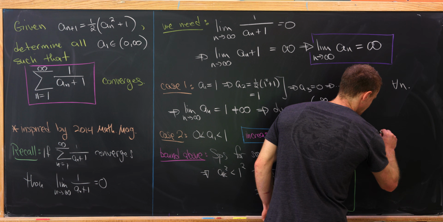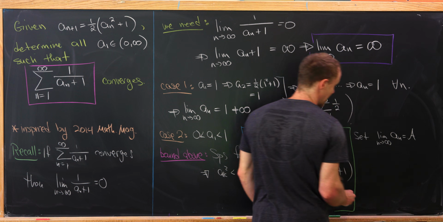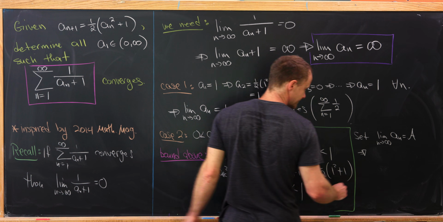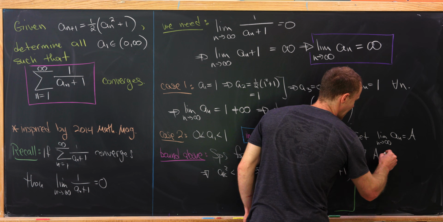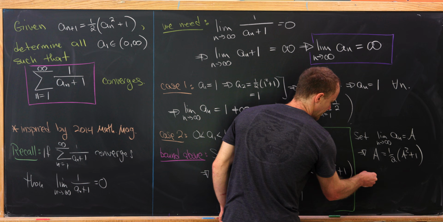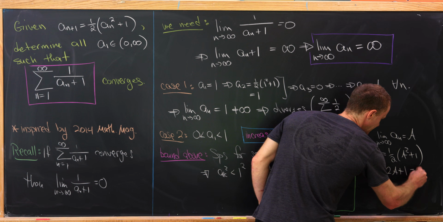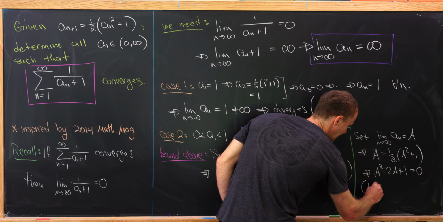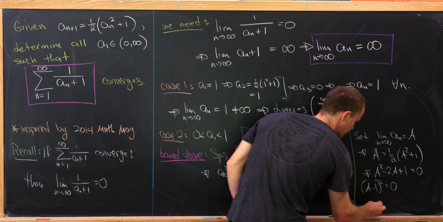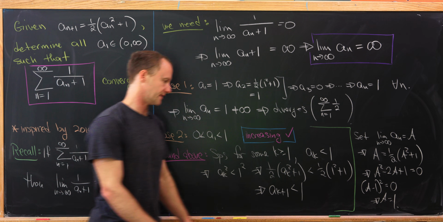So let's set the limit as n goes to infinity of a_n equal to a. But taking the limit of these two sides will give us a nice equation: a equals 1/2 times a squared plus 1. But we can rewrite that as a squared minus 2a plus 1 equals 0. In other words, (a minus 1) squared equals 0, which tells us that a is equal to 1.